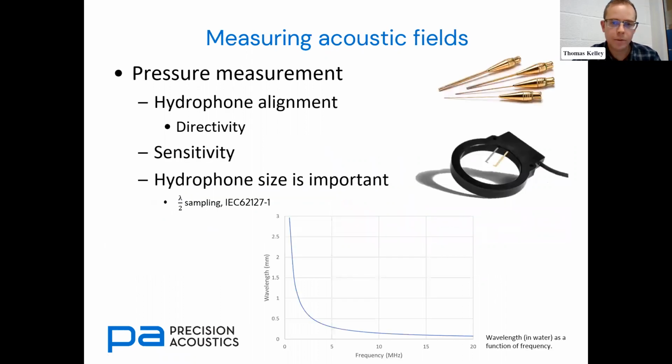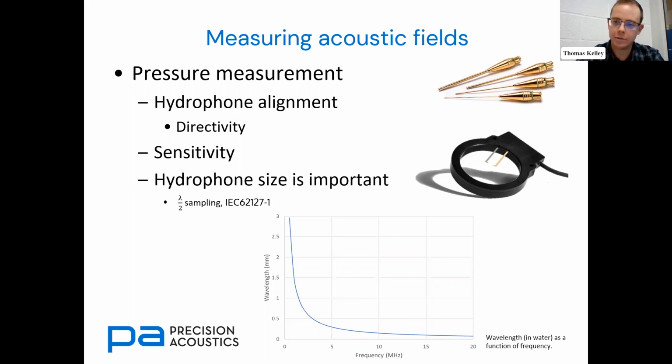So a very brief bit about measuring acoustic fields. Having talked about radiation patterns, it's probably worth mentioning a few considerations for hydrophones used for measuring fields. The measurement of acoustic fields is a topic that could fill its own hour-long slot, but merely introducing the concept here, pressure fields can be measured with a hydrophone.